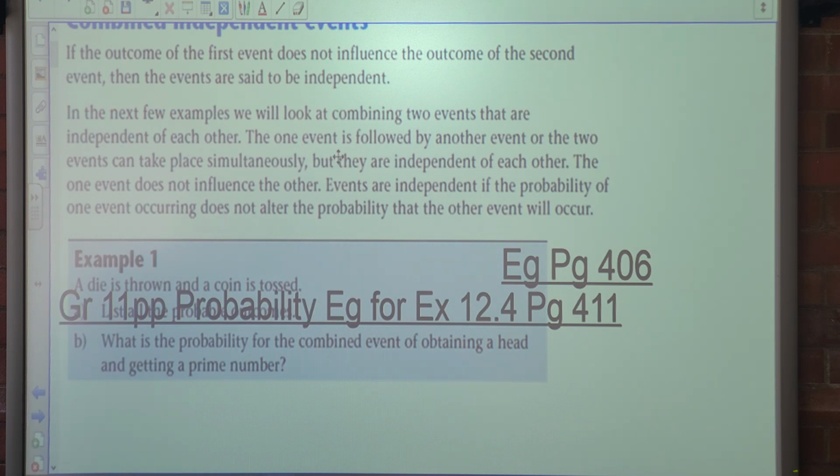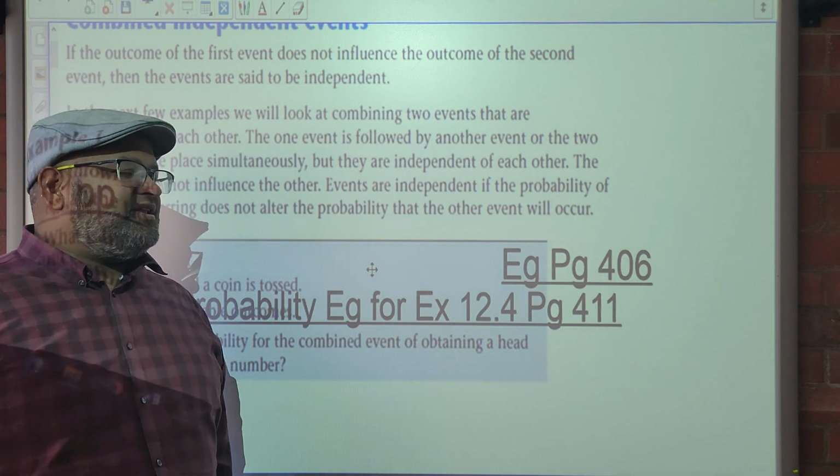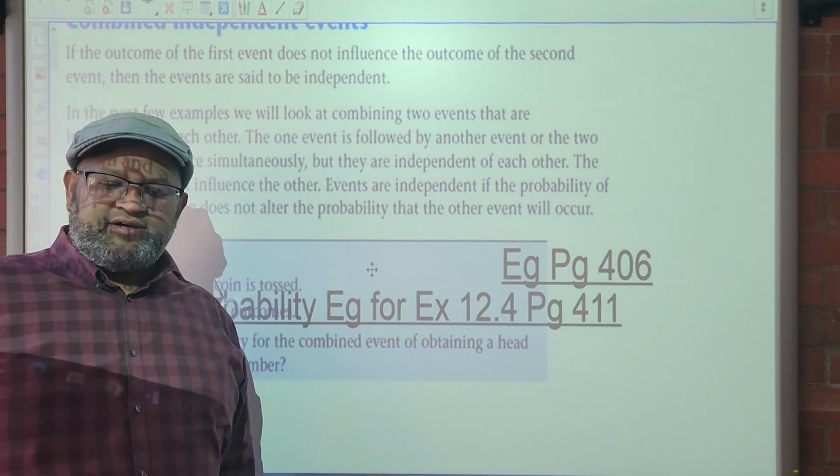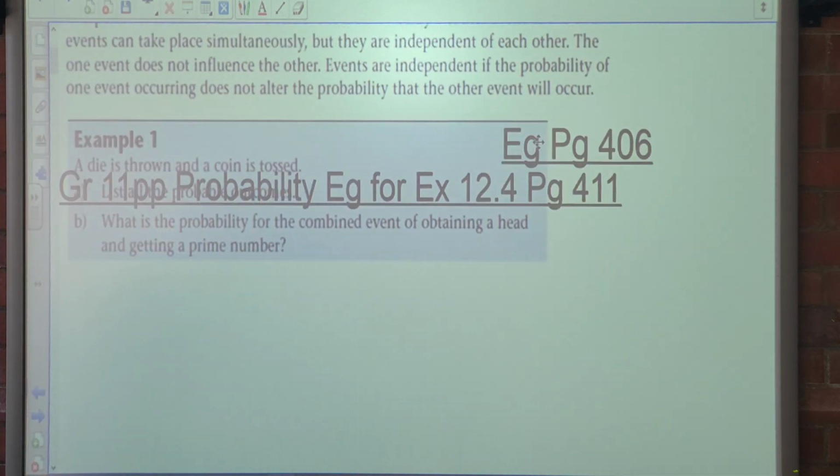The one event is followed by another event, or the two events can take place simultaneously, but they are independent of each other. The one event does not influence the other. Events are independent if the probability of one event occurring does not alter the probability of the other event occurring.